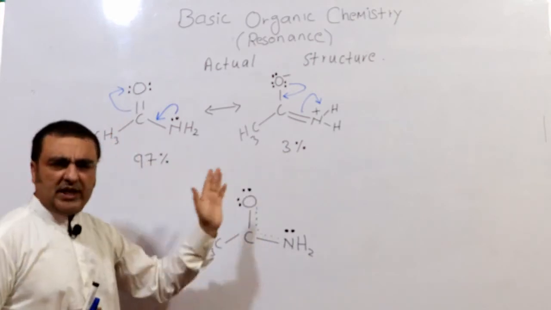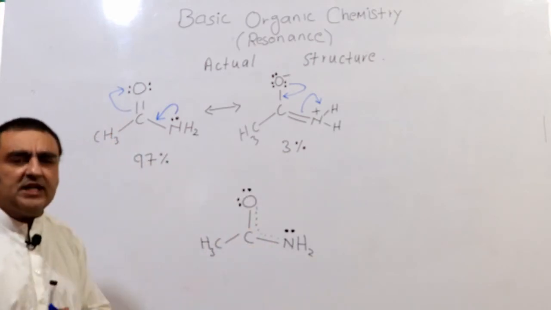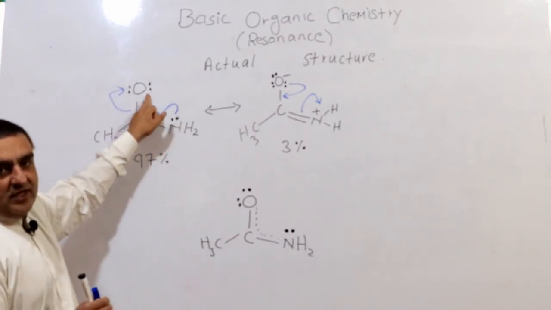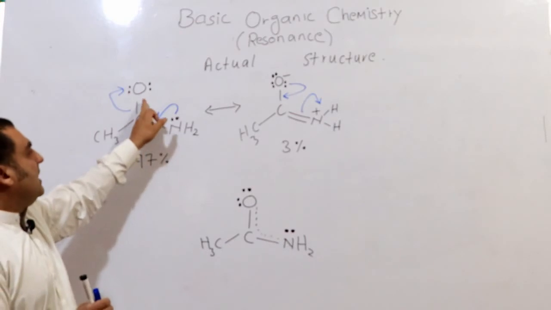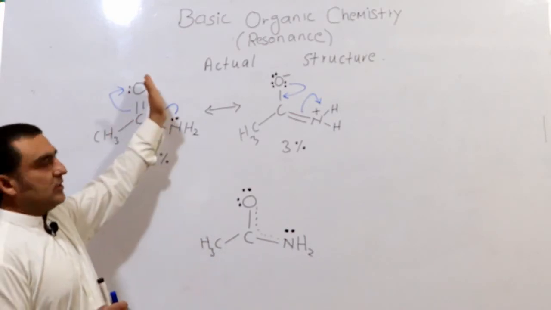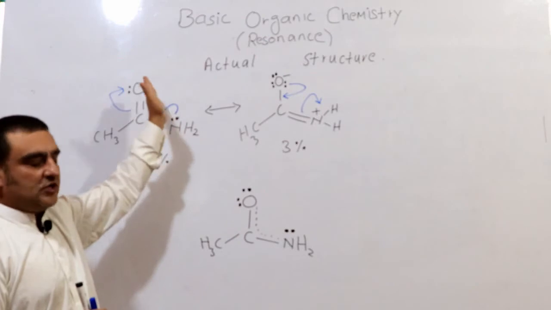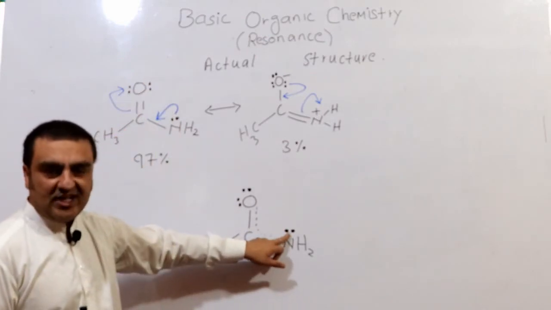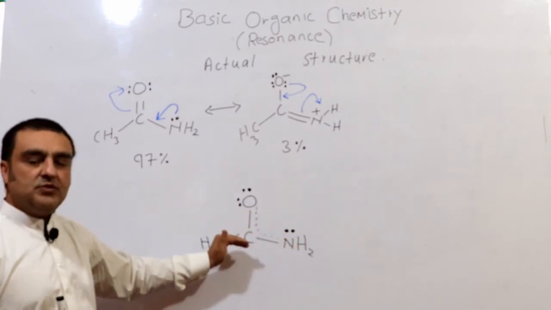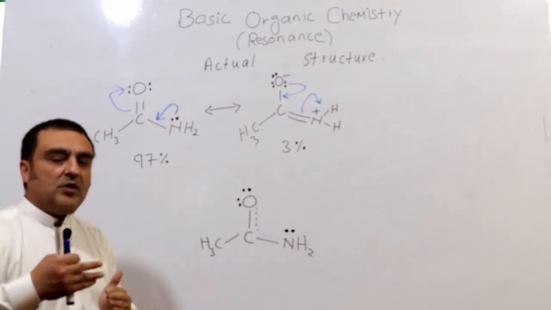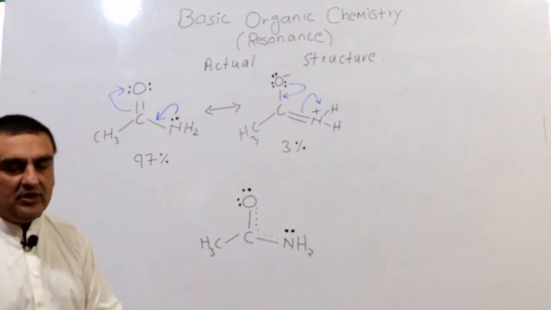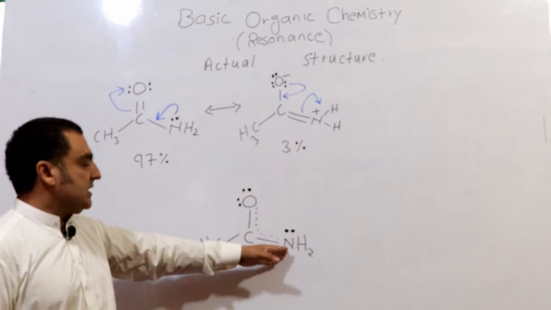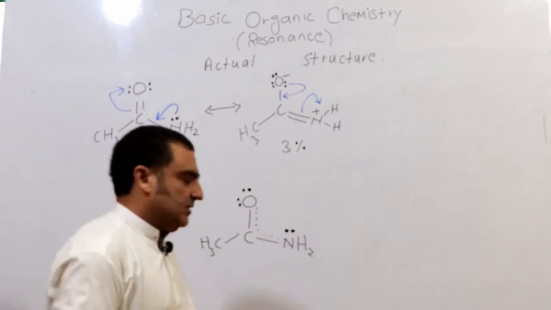It is a little bit negative, meaning it has some surplus of electrons. A small part of the electron cloud goes to the oxygen, and a small portion of the nitrogen electron cloud forms a bond, but still almost 97% of the nitrogen lone pair is present on this molecule.